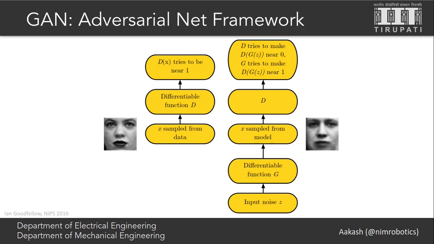Our discriminator takes the input G of Z, and it tries to be near 0. So this is the goal of the discriminator, to be near 0 for the fake images and near 1 for the real data. And the goal of the generator here is to fool the discriminator, by making D of G of Z near 1.